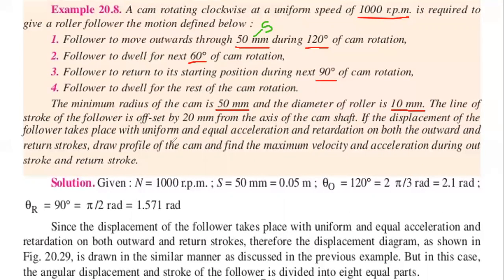Next, the line of stroke of the follower is offset by 20 mm. So it is given as the offset position, along with the minimum radius of the cam and the diameter of the roller. Here we are taking a roller follower, that is why they have given the diameter of the roller, and the stroke of the follower is offset by 20 mm from the axis of the camshaft.